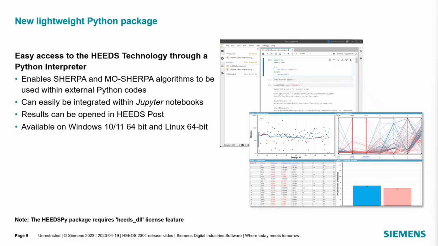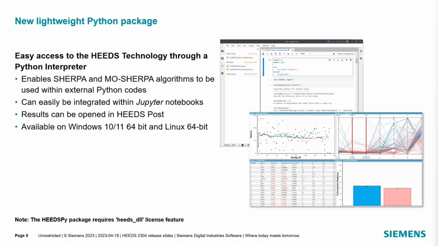In this release, we've also worked on a new lightweight Python package. Some customers are already automating things with Python scripts, and it's sometimes difficult to get them to adopt changes or move over to MDO.